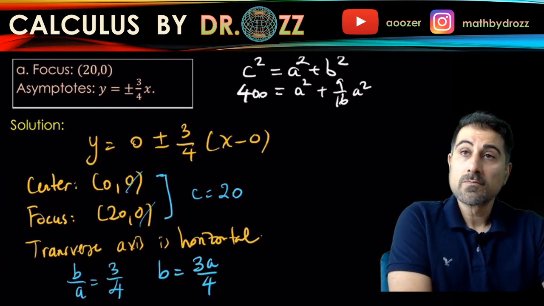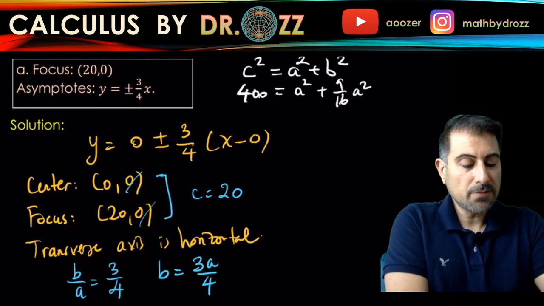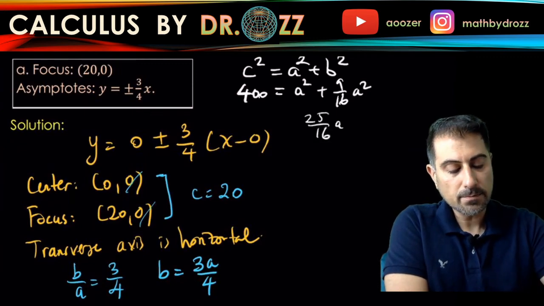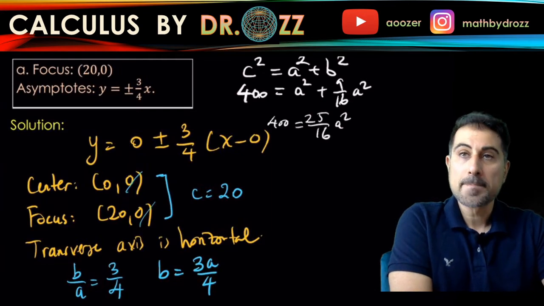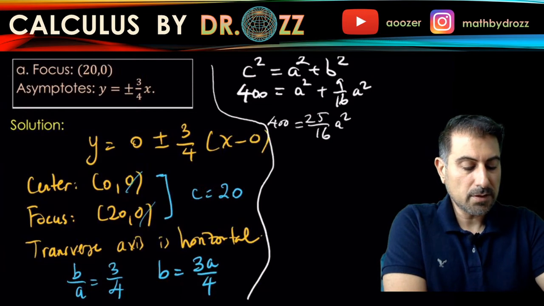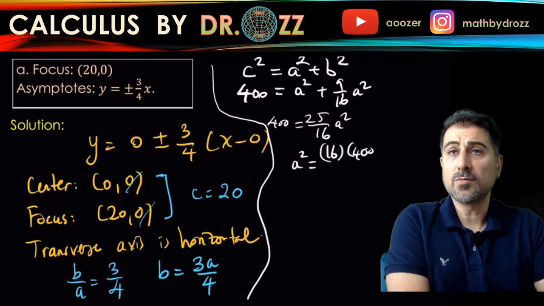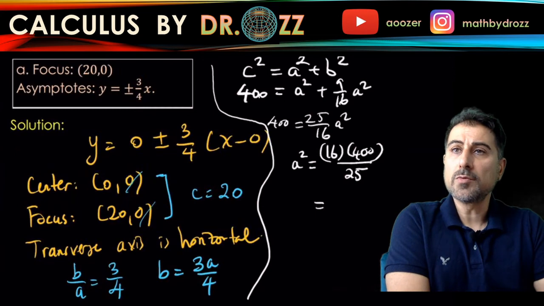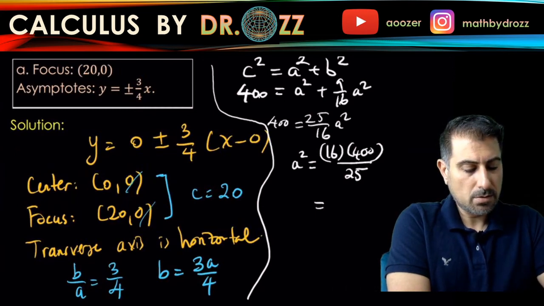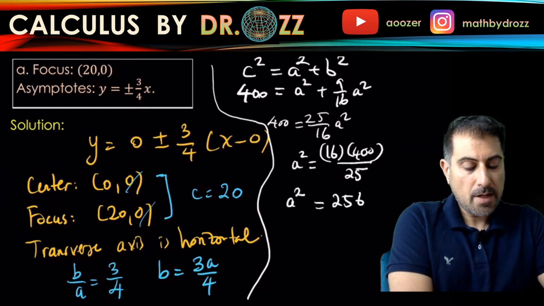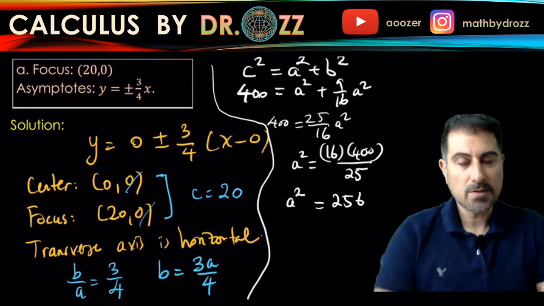So 25 over 16 a squared equals 400. Simplifying, it's 16 times 400 divided by 25, which gives a squared equals 256, and a comes out as 16.